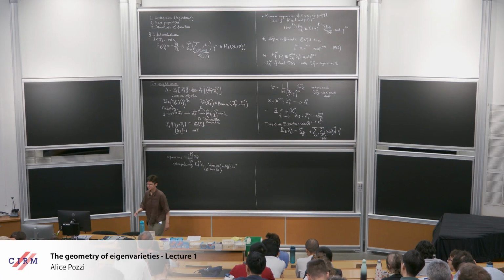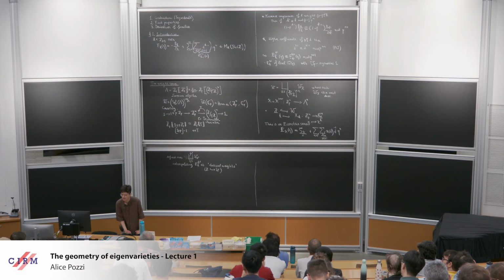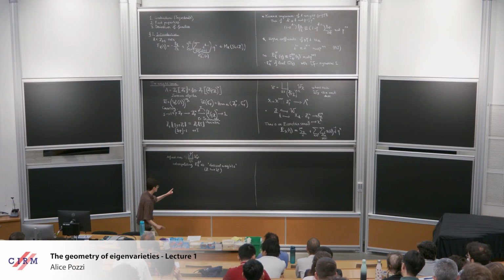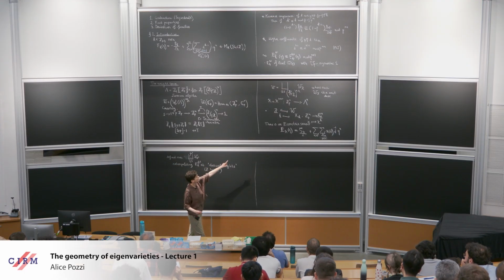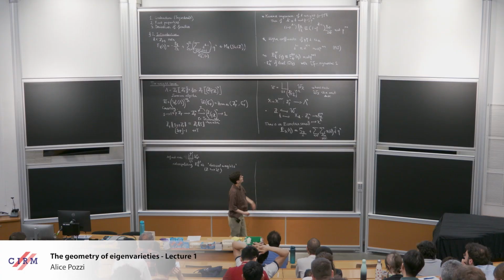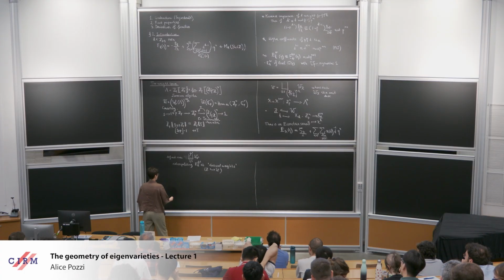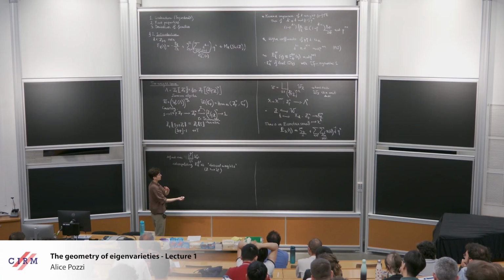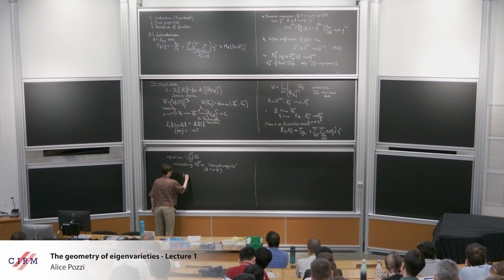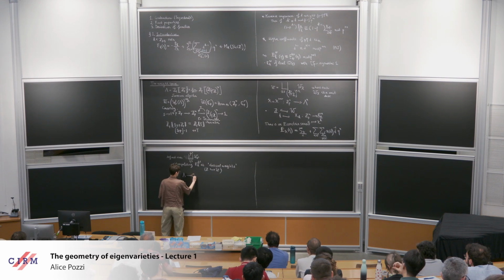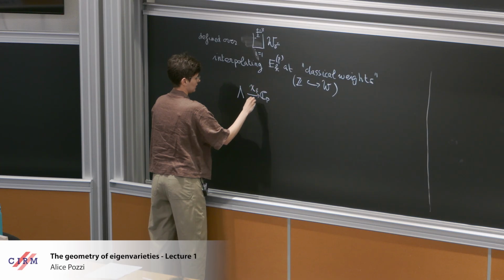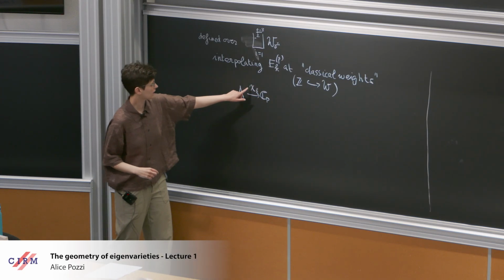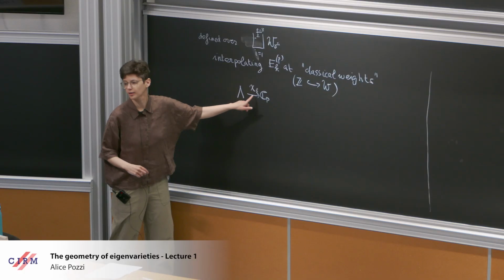Would you write explicitly what interpolating means? Yes, that's a good point. Interpolating means that, when I define this character here, as I said, weights correspond to maps to C_p. So I can interpret that k as a map here.